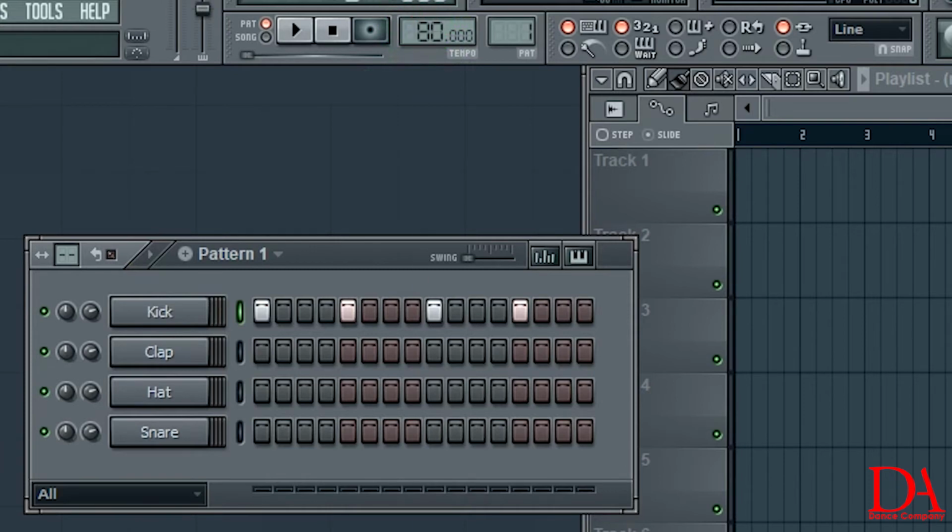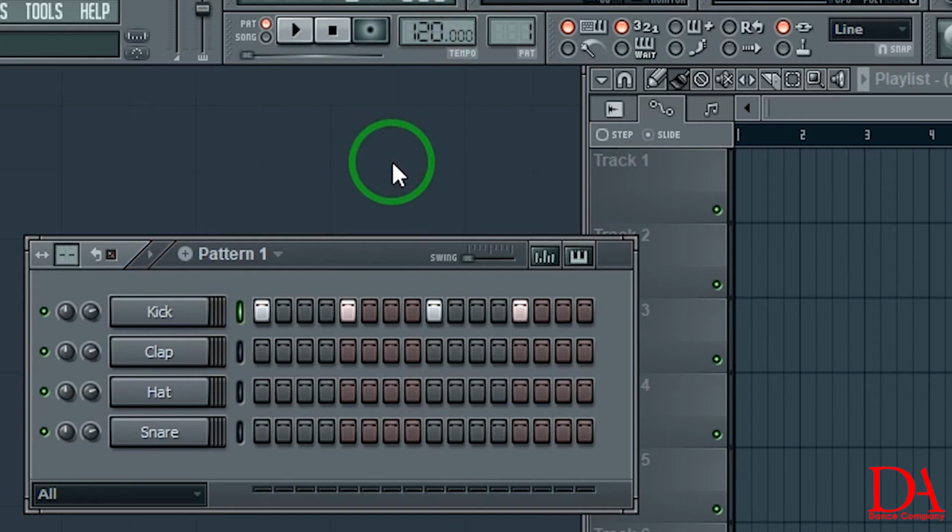Let's say 80. 1, 2, 3, 4, 5, 6, 7, 8, and so on. 80 beats in a minute. So if 60 means 60 beats in a minute, 120 means 2 beats every second. So you would go like 1, 2, 3, 4, 5, 6, 7, 8.